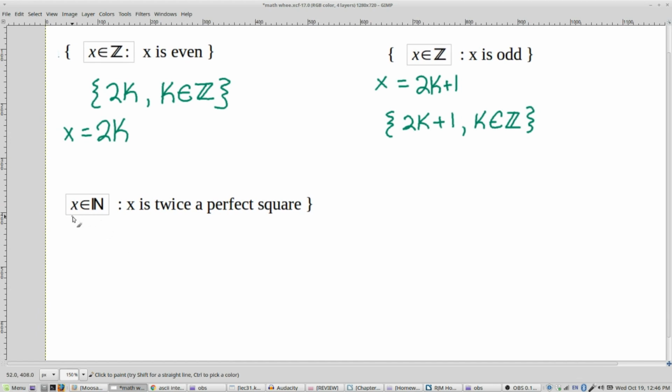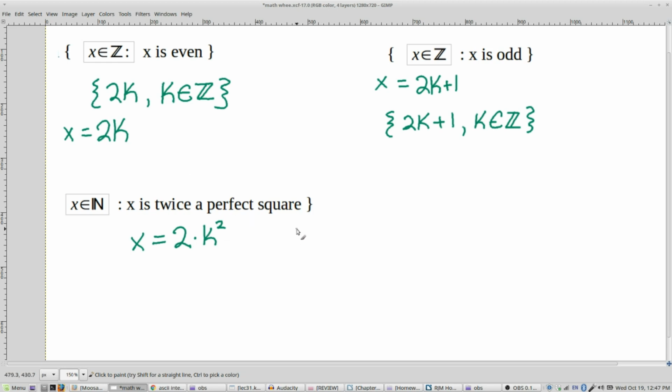Now down here we have x is twice a perfect square. I forgot the curly brace on this side. But we also have that x is some natural number, so x is equal to 2 times some square. So here's our perfect square. If it's a perfect square, that means k is going to be an integer as well.